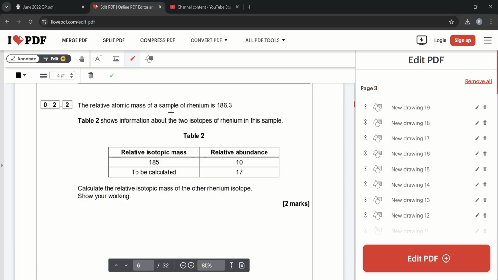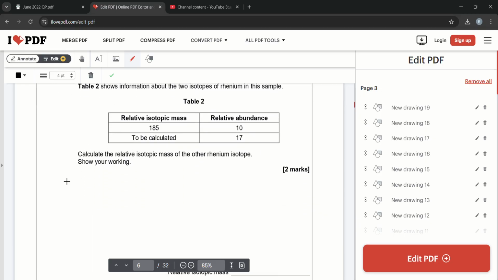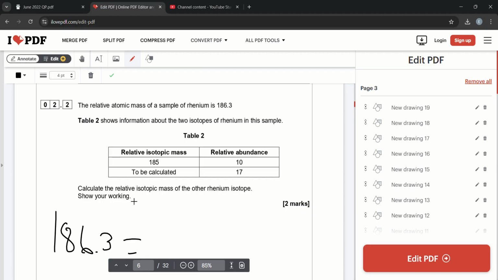2.2, the relative atomic mass of a sample of rhenium is 186.3, and then we want to calculate the relative atomic mass of this isotope.